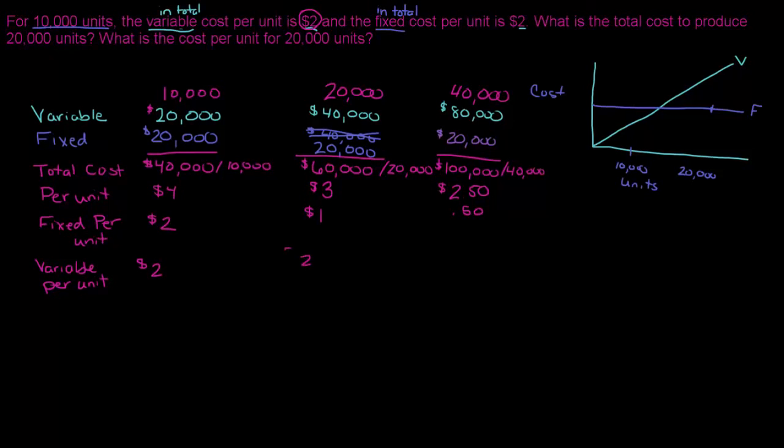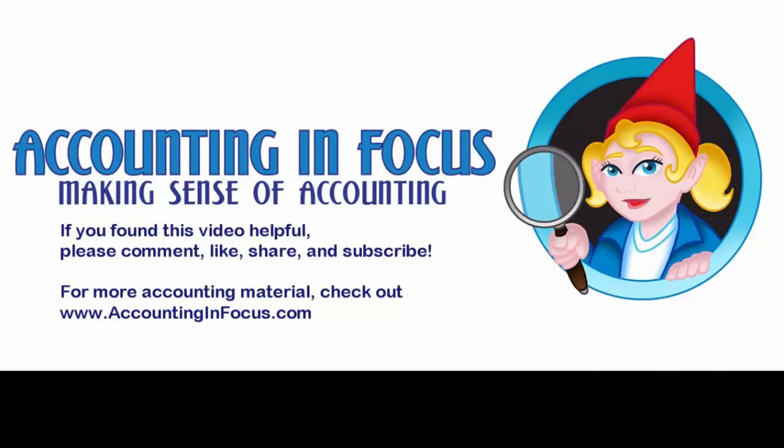That's not changing. The thing that is changing is my fixed cost per unit is decreasing. Okay, so I hope that helps your understanding a little bit when you're talking about variable costs and fixed costs and how those costs behave both in total and on a unit level as you're doing the calculations.